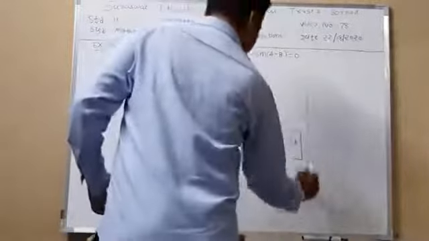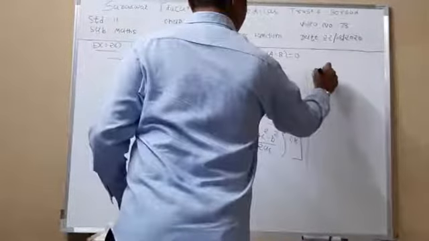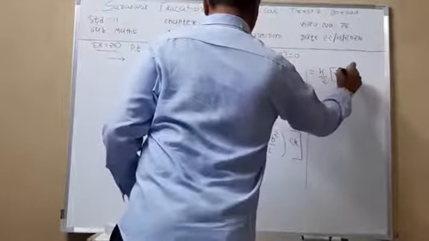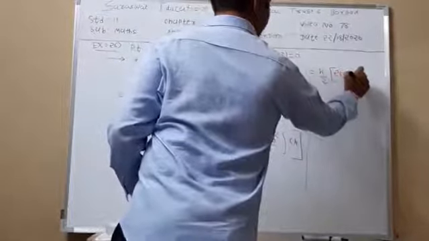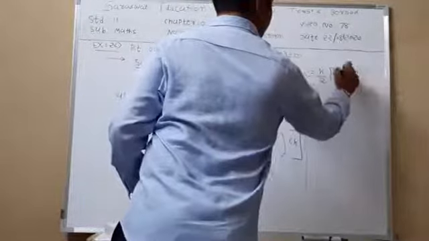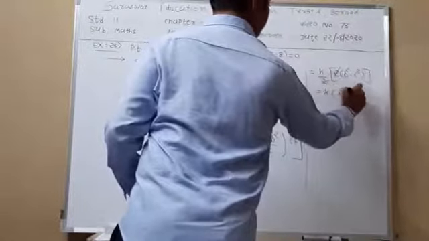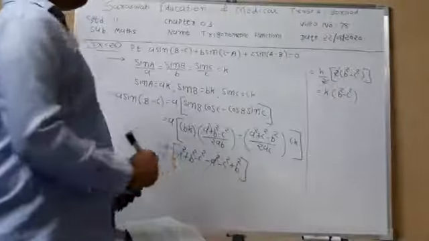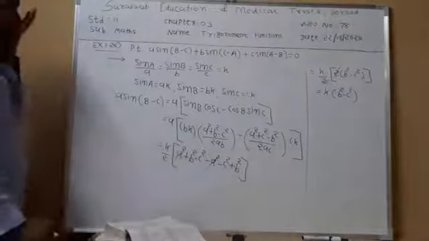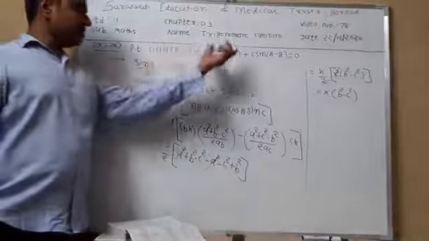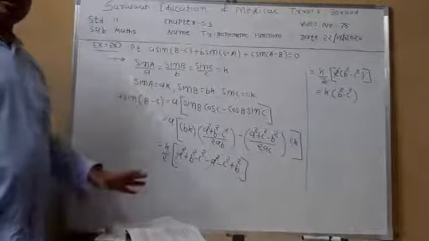So the remaining term is k by 2 into 2 times (b square minus c square). The 2 cancels, so k into (b square minus c square).